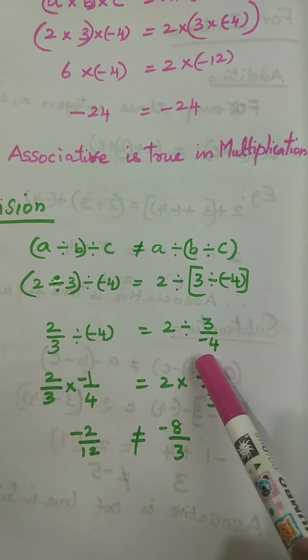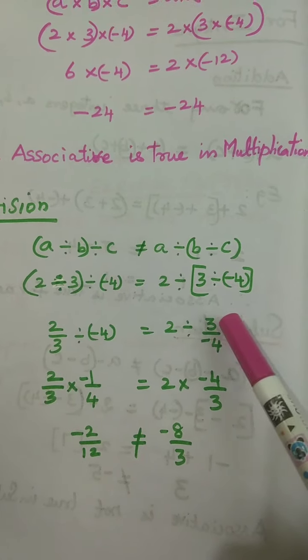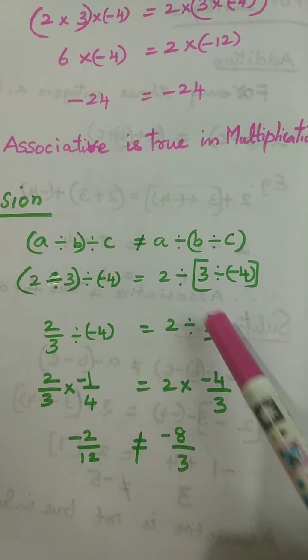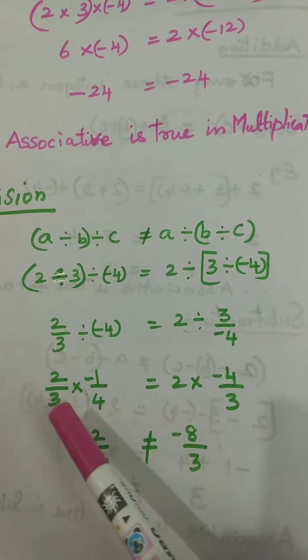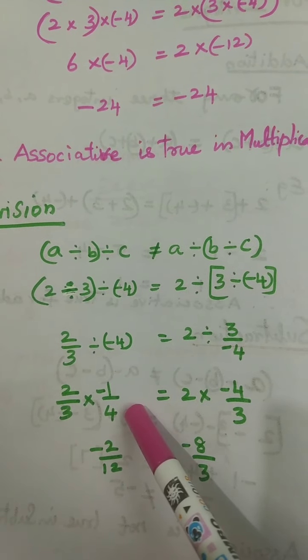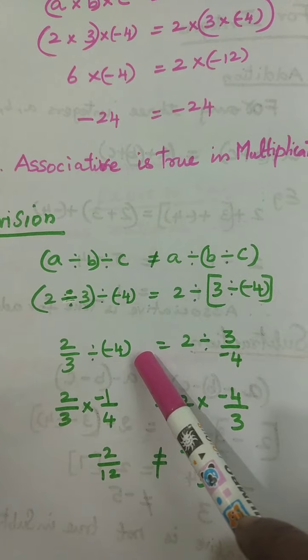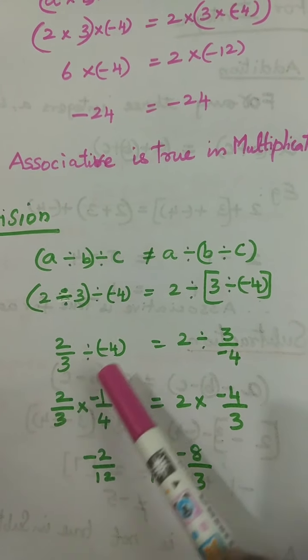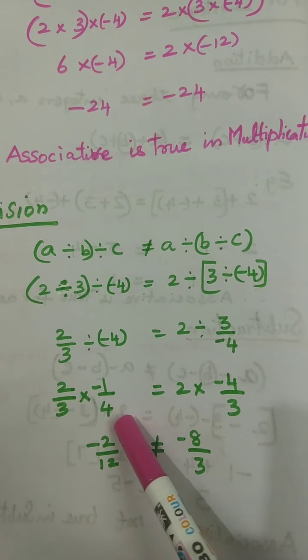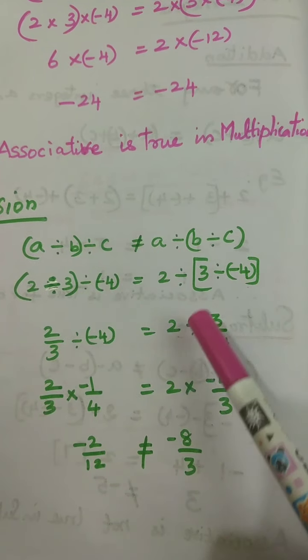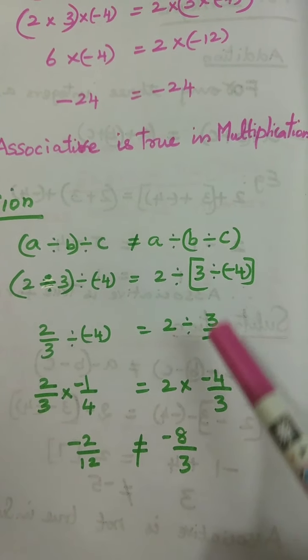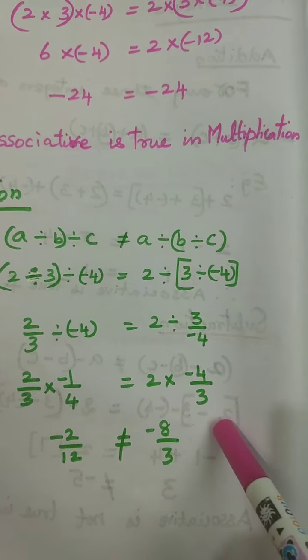In rational numbers we know that the denominator is always positive. So you have to bring the negative sign to the numerator. So 2/3 × -1/4. If you multiply, then you have to write the divisor as a reciprocal. So 2 × reciprocal, so -4/3.